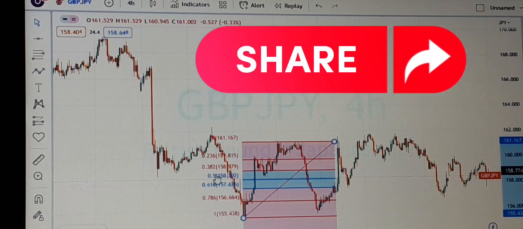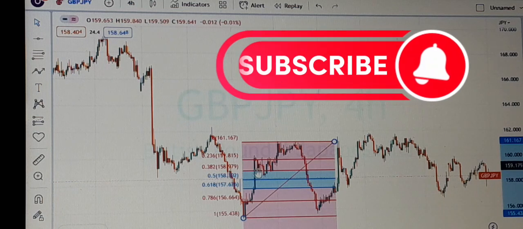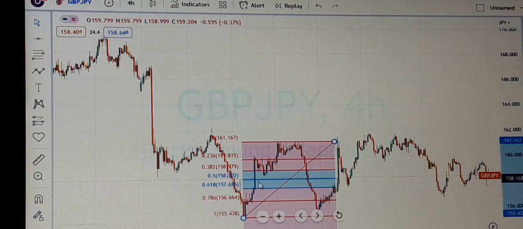The points you need to concentrate on are these two levels that I've just drawn in blue. Those are the areas I use to draw zones from. They have been profitable for me. They should be profitable for you, and for anyone that listens.